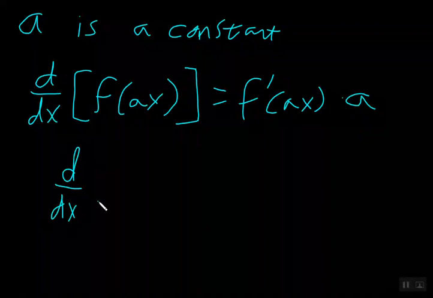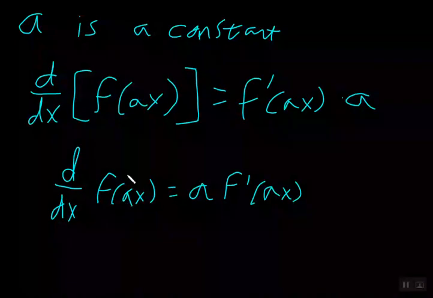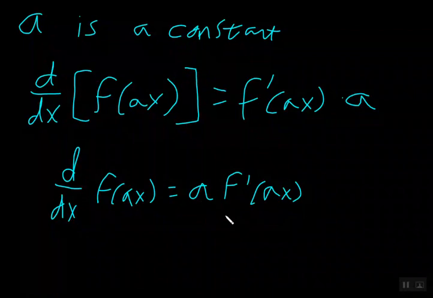dy/dx of f of ax is equal to a times f prime of ax. So it's just like taking the derivative, right? We're just taking the derivative of the function, plugging in ax, but then the a that's attached to the x just gets brought out.